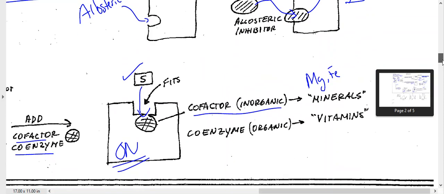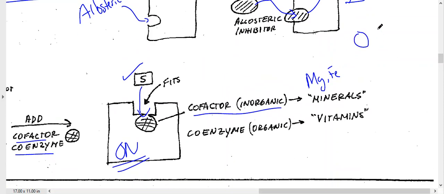Fun fact, hemoglobin, which has quaternary structure of 4 different proteins. 2 are alpha. It's different than alpha helix, but they're called alpha proteins, and 2 that are beta. Every one of these components of hemoglobin, which carries oxygen in your bloodstream, has to have an iron in it.